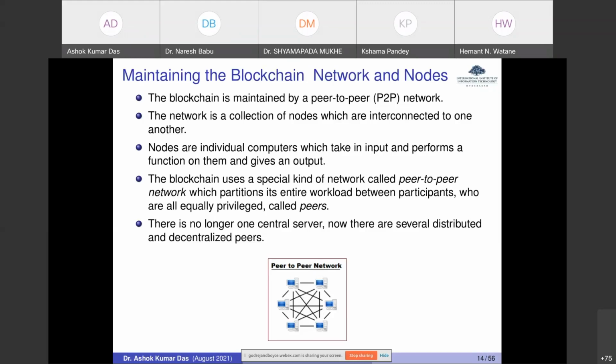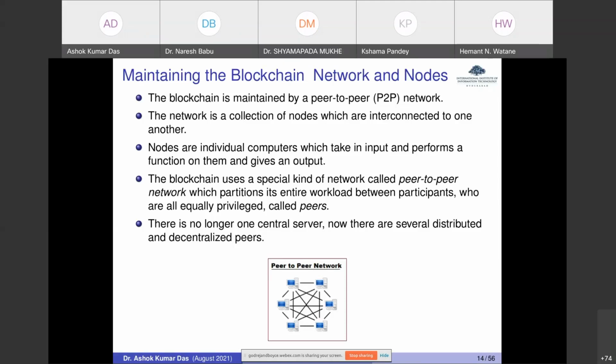And this blockchain, whatever we are going to discuss now, will use this special kind of network known as the P2P network, where the entire workload of the system is partitioned or divided among the participants, and the participants are equally privileged, which are known as the peers.